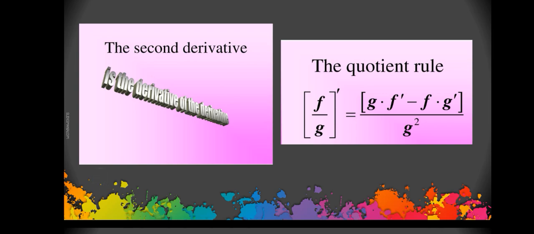And the second derivative is the derivative of the derivative. And for the quotient rule, f over g, the prime, is equal to g times f prime minus f times g prime, all over g squared. So that is the formula of the quotient rule.